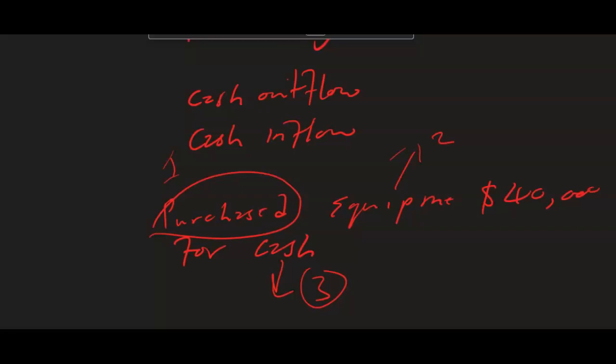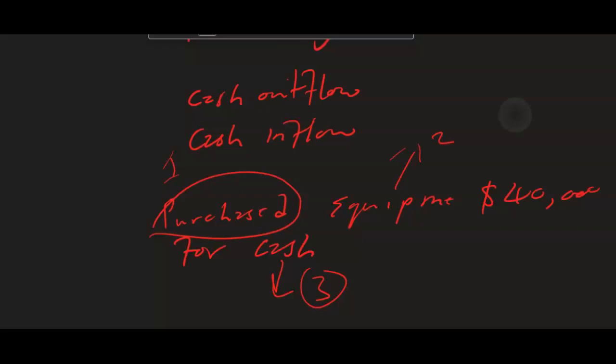Purchase, when you are purchasing, what does purchase mean? Okay, you are buying a cup, you are buying vegetables. When you purchase an item, basically you are paying off. You are removing money from your entity, or from your pocket as an individual.